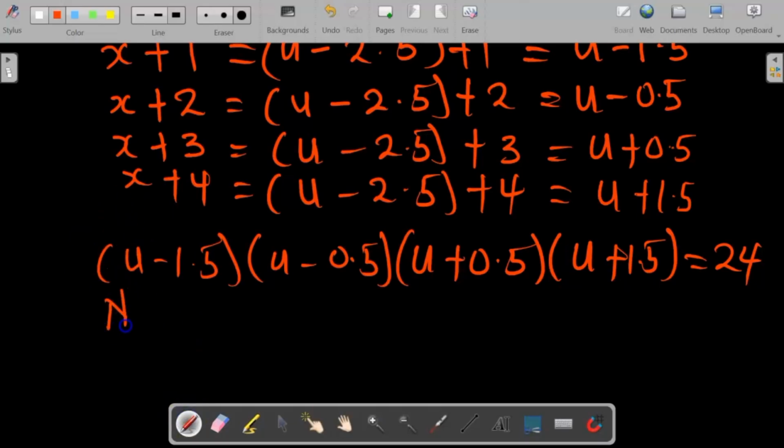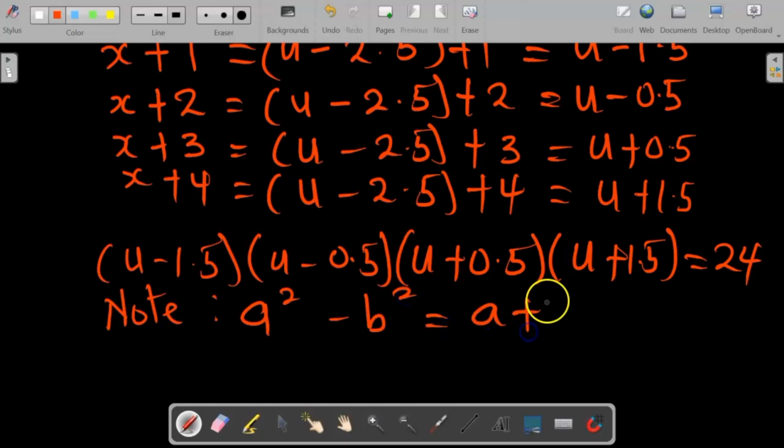Note, a squared minus b squared is (a plus b)(a minus b), the difference of two squares.